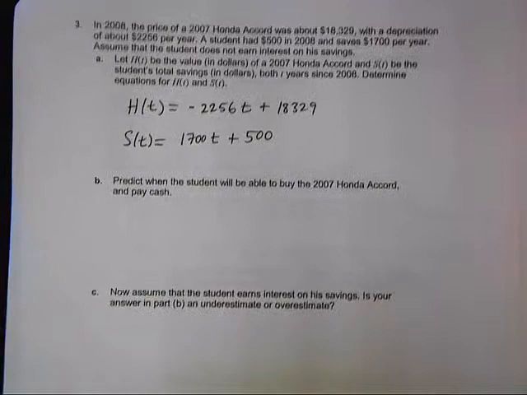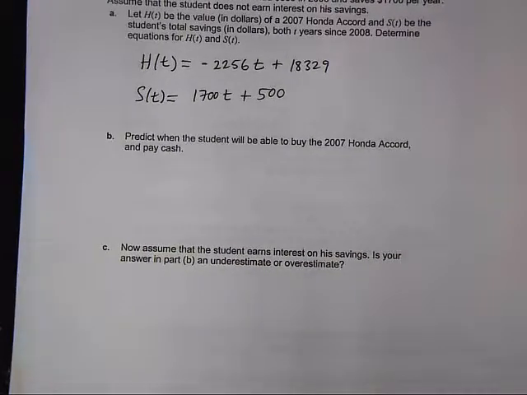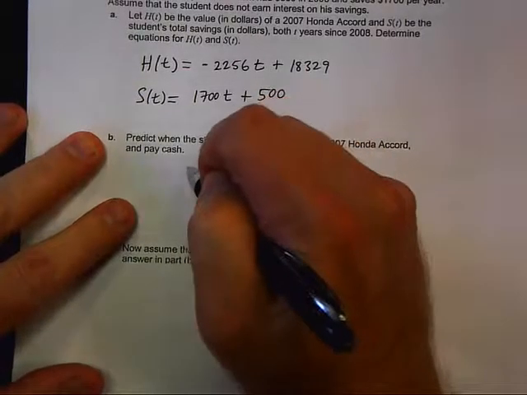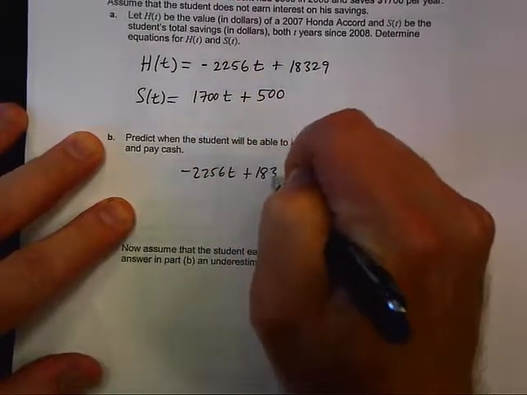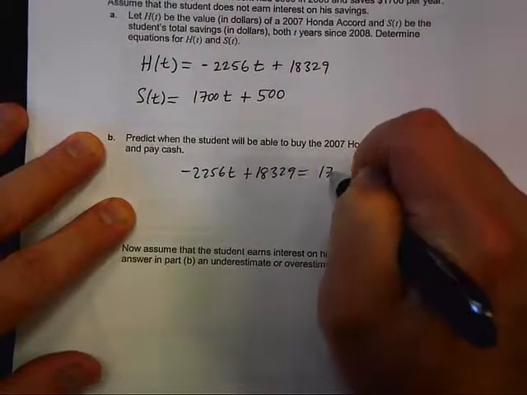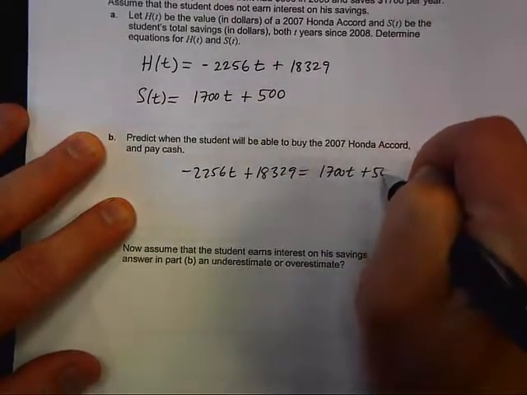Predict when the student will be able to buy the 2007 Honda Accord and pay cash. What are they asking you to do there? Set the system equal to each other. So minus 2256t plus 18329 equals 1700t plus 500.